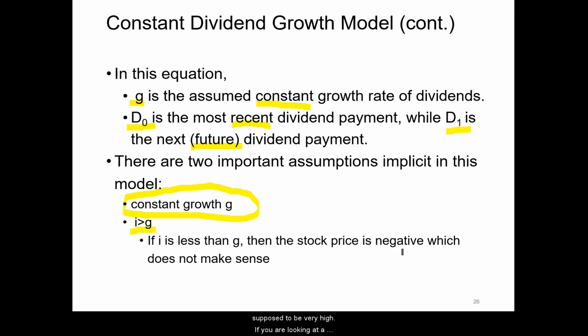If you are looking at a company that is currently experiencing a 20%, 30% high growth rate, maybe that would not last forever. Or say it would not be the constant growth rate. Apparently, the constant dividend growth model here cannot be applied into those high growth rate situations. That's why later in the next video, we'll introduce the extension of this model and talk about the valuation of stock under the so-called variable growth.